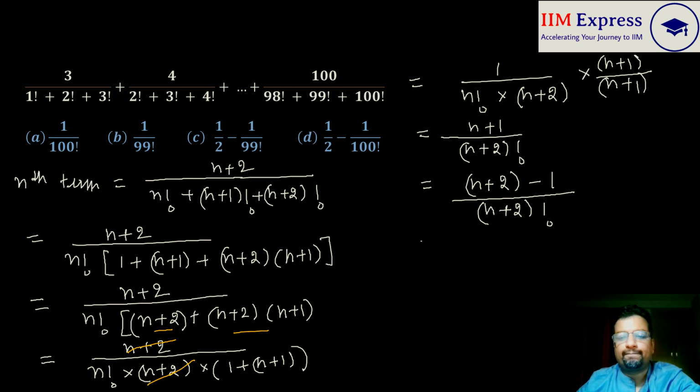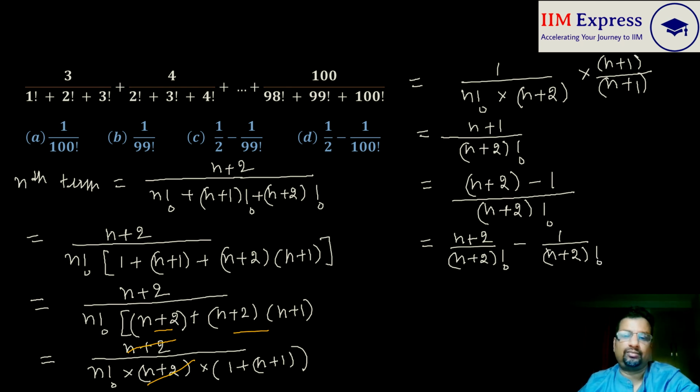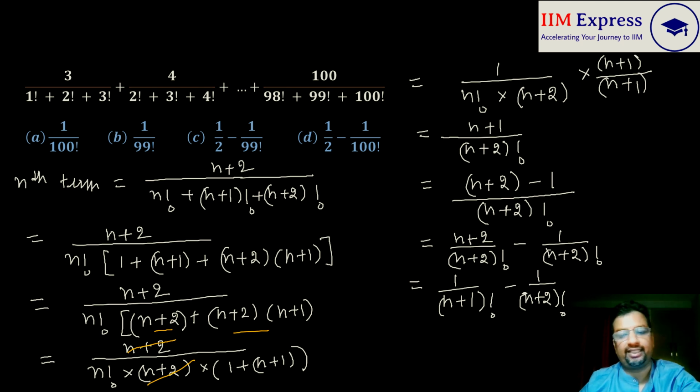Then we can write n plus 2 divided by n plus 2 factorial minus 1 divided by n plus 2 factorial, right? It can be written as 1 upon n plus 1 factorial minus 1 upon n plus 2 factorial, because n plus 2 cancels out.